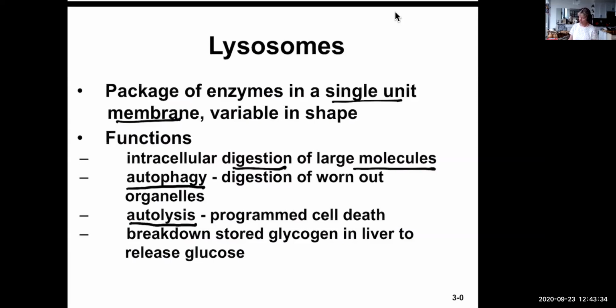So that's known as programmed cell death or apoptosis. That's something, for example, that happened when your hands were developing. They used to have webs between your fingers, but through programmed cell death, the webbing disappeared. Also, the lysosomes break down glycogen in the liver and release glucose to be used by the body.